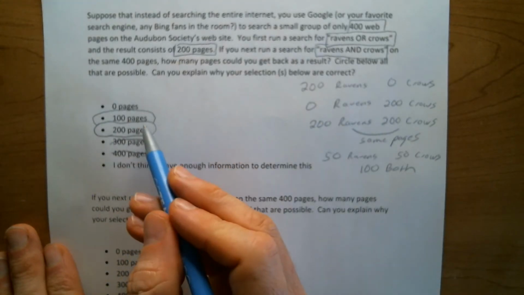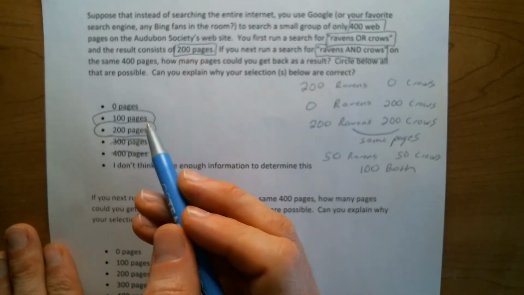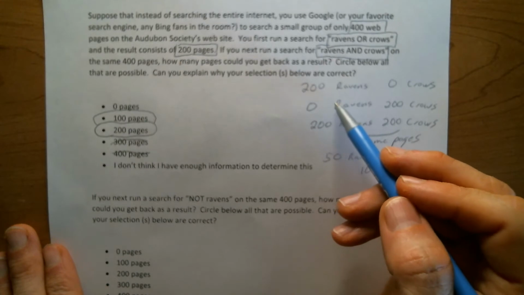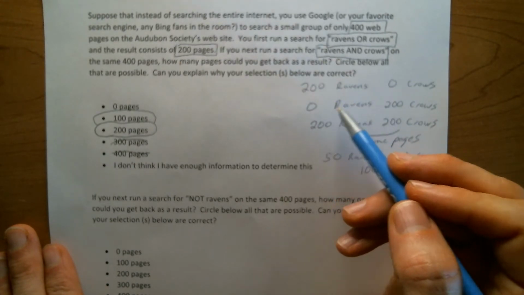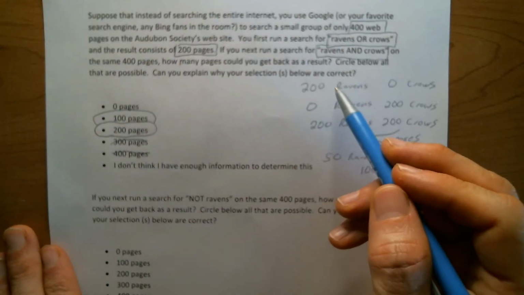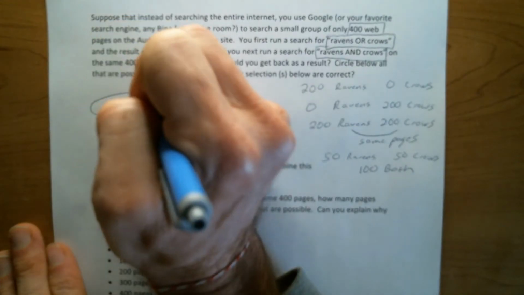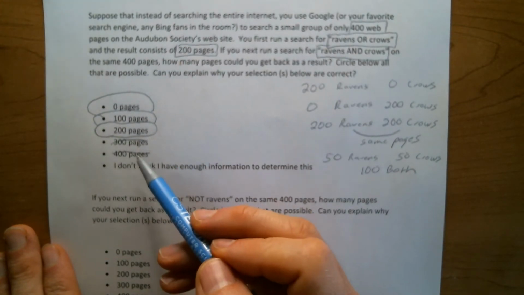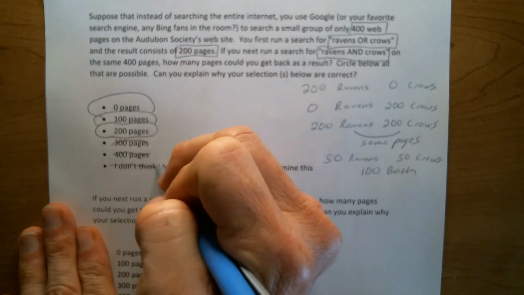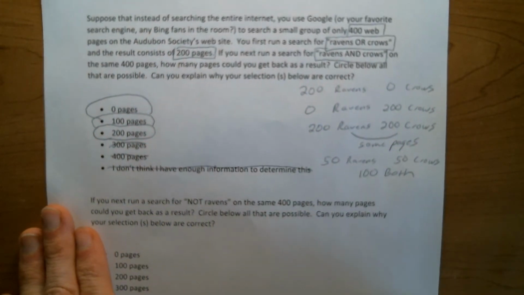All right, so that would be a perfectly valid result. And we've already shown that it could be 0 pages because you might have 200 pages that have crows and 0 that have ravens, or you might have 0 pages that have crows and 200 pages that have ravens. So it could be any one of those three. Can't be 300, can't be 400, and we do have enough information to determine this because we just went through it.